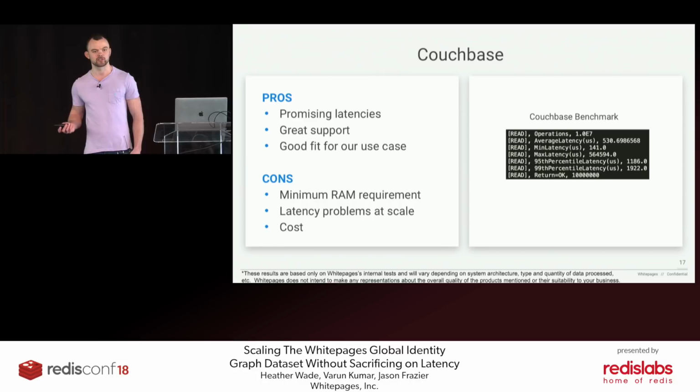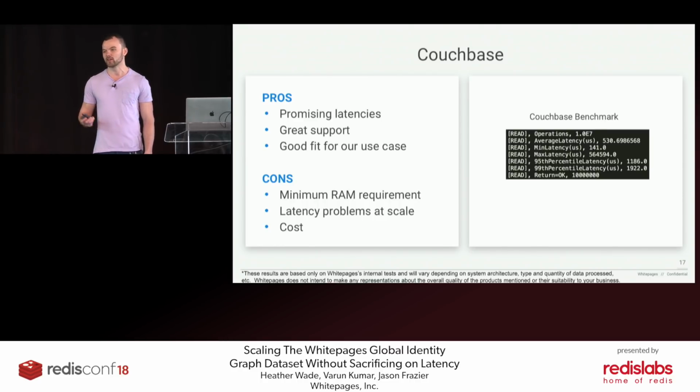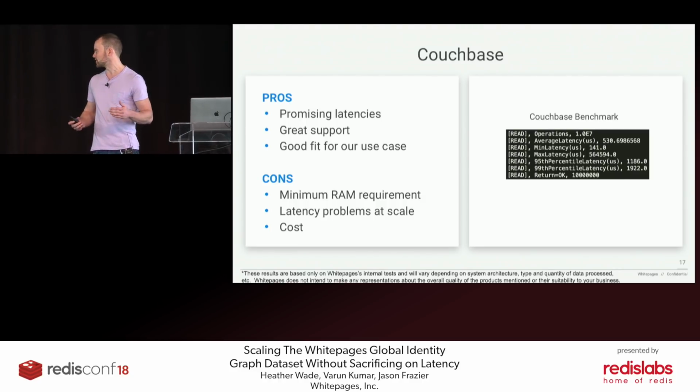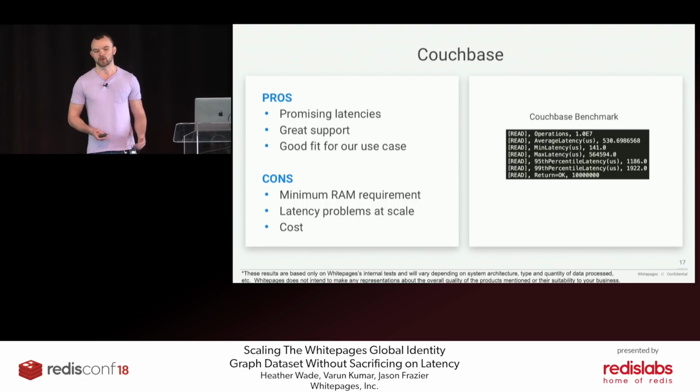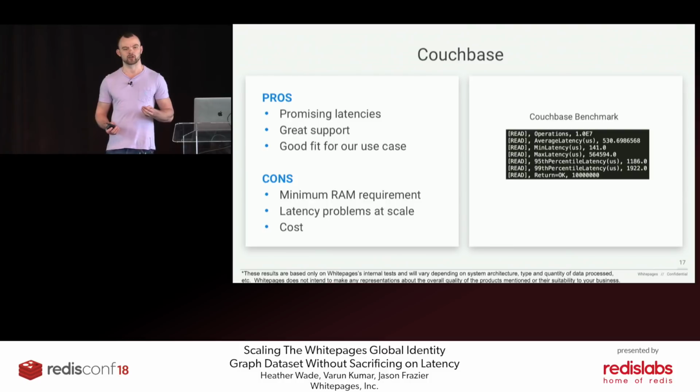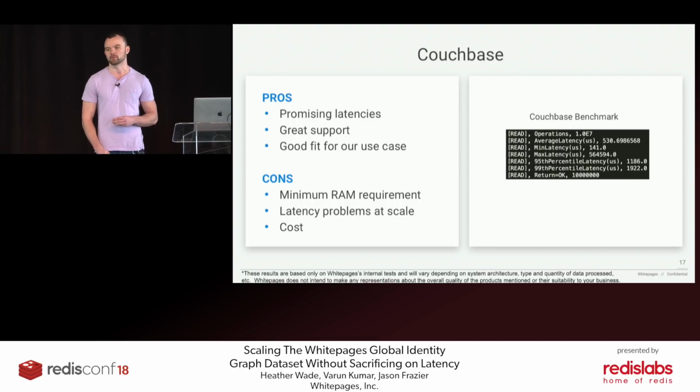Unfortunately, this is where some problems start to arise, as there is a minimum RAM requirement that Couchbase has. It requires all keys and all metadata, which is roughly 50, 60 bytes of metadata per key, to be stored in RAM at all times. That directly has an effect on cost, as there is a minimum amount of RAM we need to have on our cluster at all times.